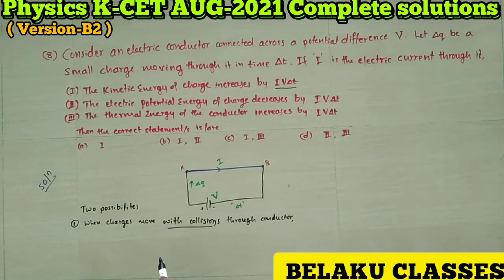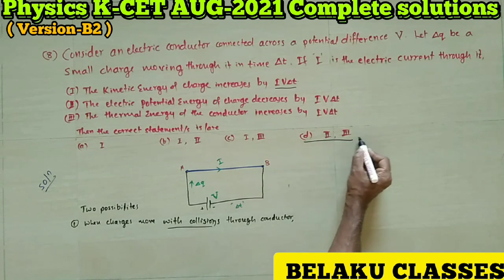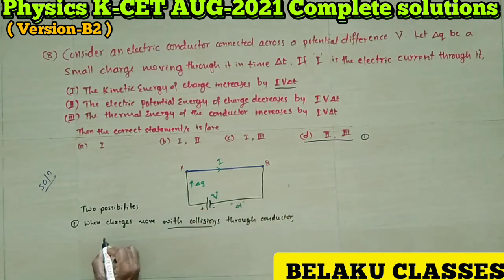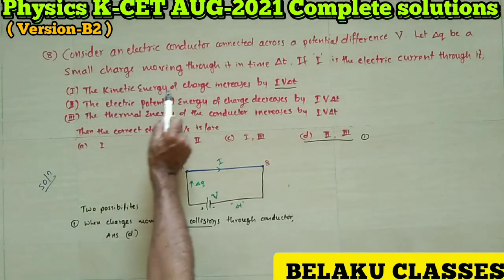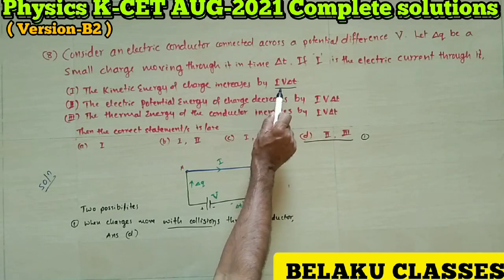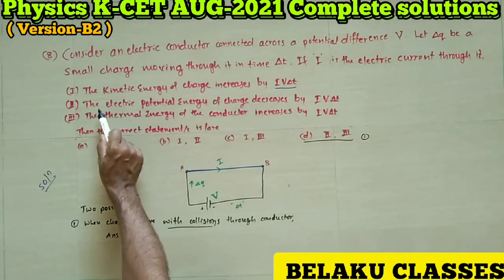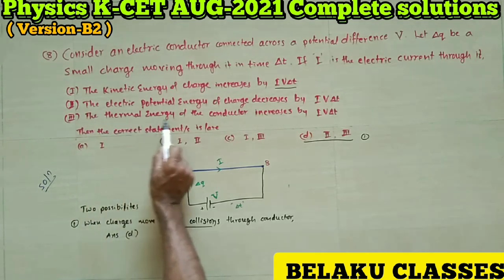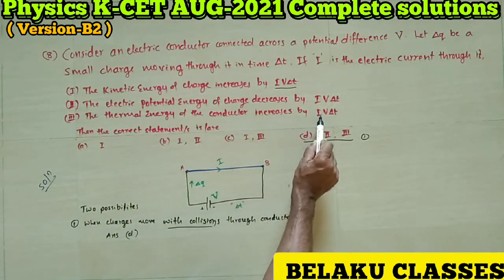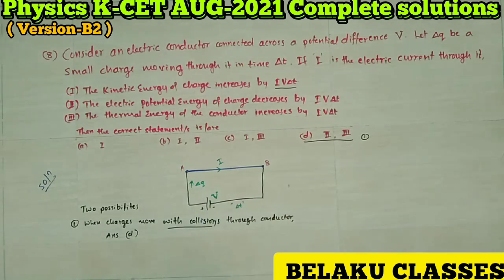So with possibility 1, we find the answer as D. That is, the kinetic energy of a charge increases by a factor I into V into delta t, and the thermal energy of the conductor increases by a factor I into V into delta t.